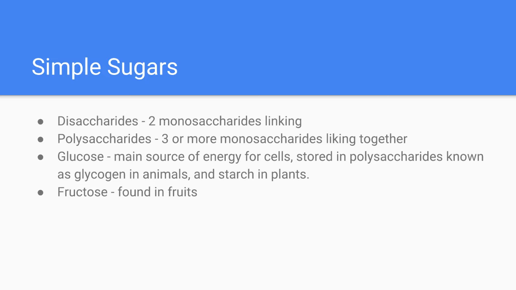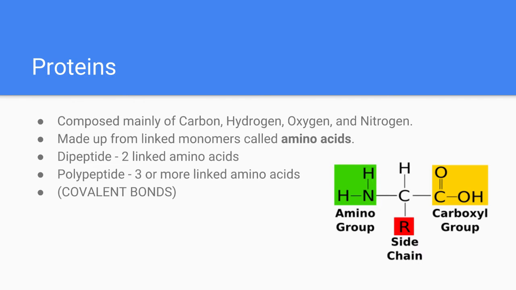All right, moving on to the next slide. Proteins. Proteins are mainly made of carbon, hydrogen, oxygen, and nitrogen. Nitrogen is the important one here because it's different than anything else, and that's why we need nitrogen. The air is actually 74% nitrogen, and here is what we use it for, making proteins.